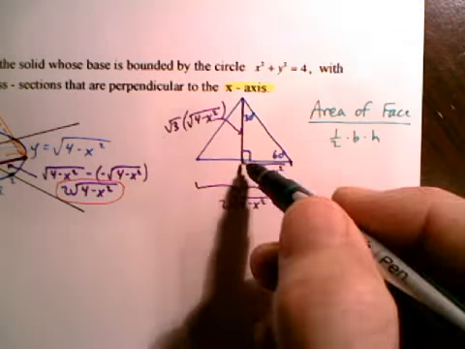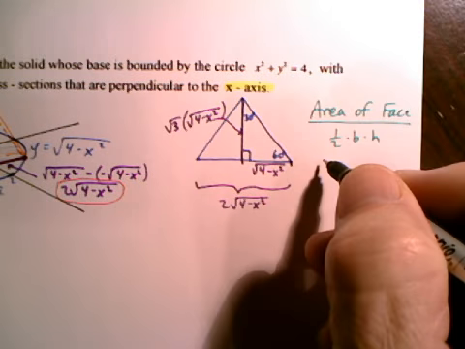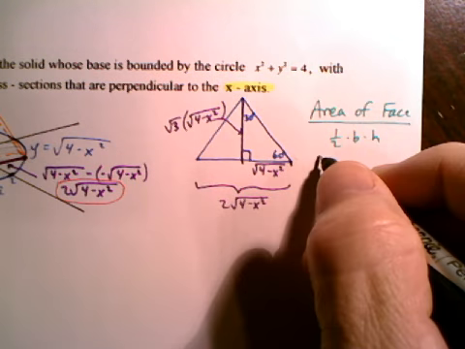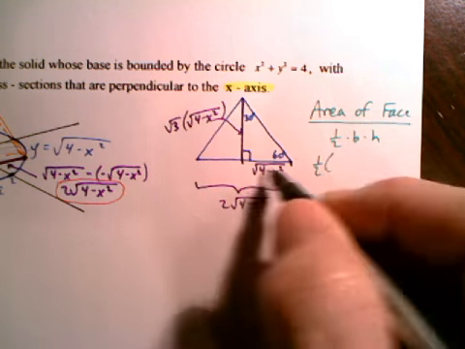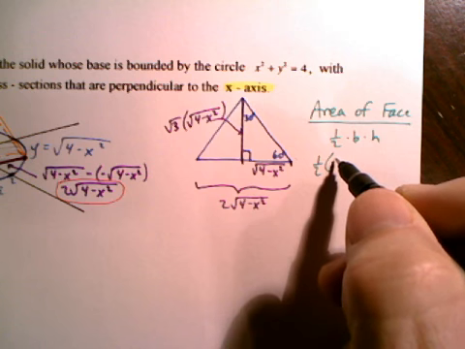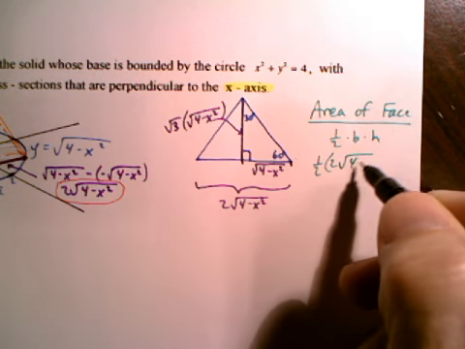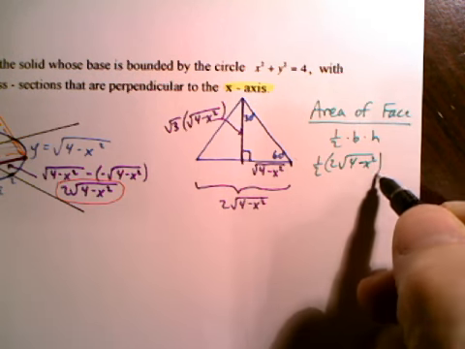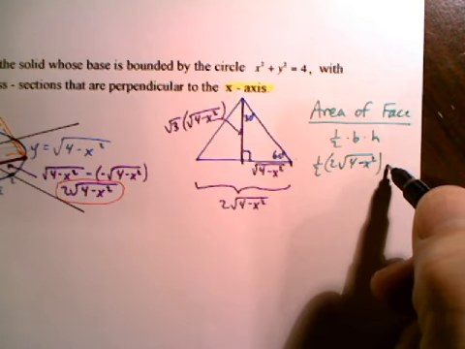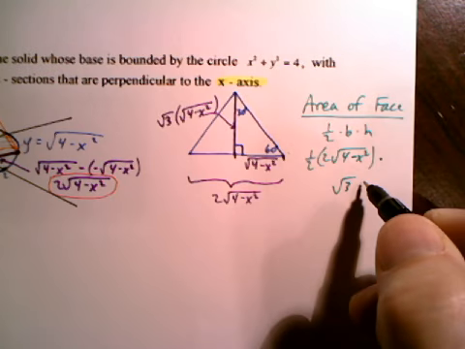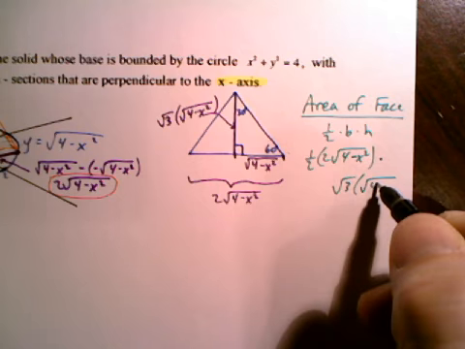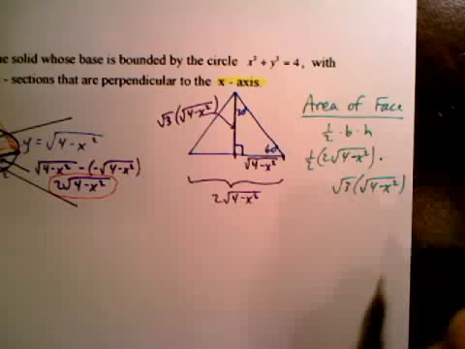So we need the height of the triangle, and so we get the area of the face is half of the base, which is the square root of 4 minus x squared, times the height, radical 3 times the square root of 4 minus x squared.